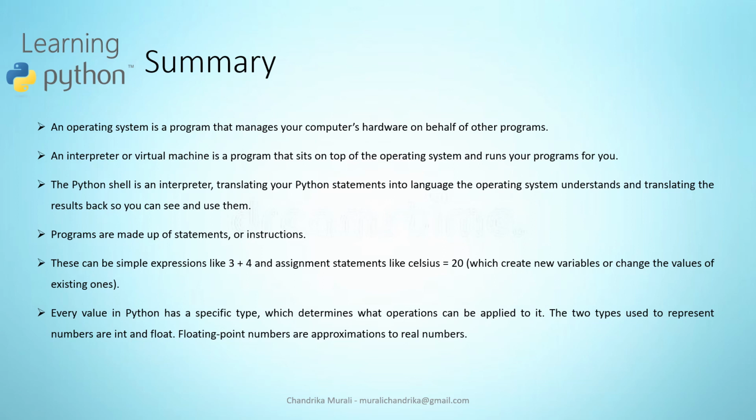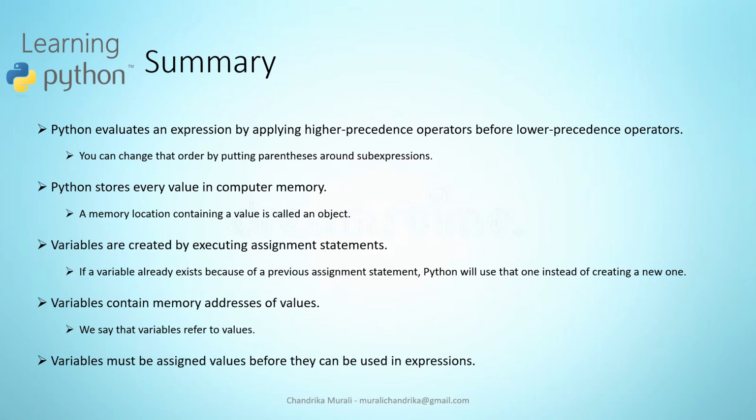Integers are whole numbers, whereas floats are nothing but approximations to real numbers. Then Python expression evaluation will be done by applying the higher precedence operator first and then the lower precedence operator.